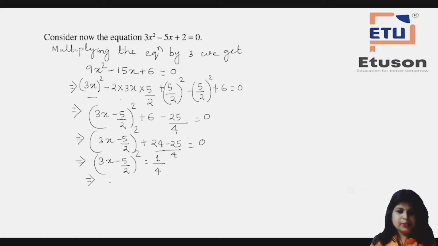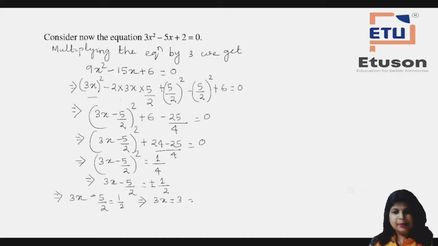So if you take the square root of that, you will get 3x minus 5 by 2 is equal to plus or minus 1 by 2. If you take 1 by 2, you will get 3x minus 5 by 2 is equal to 1 by 2. It implies your 3x will be equal to 5 by 2 plus 1 by 2, that is 3. It implies x is equal to 1.